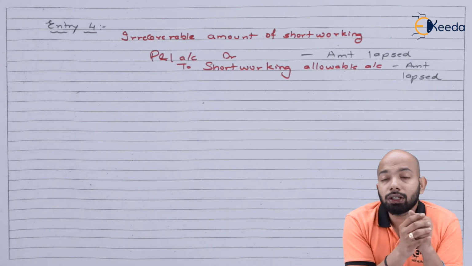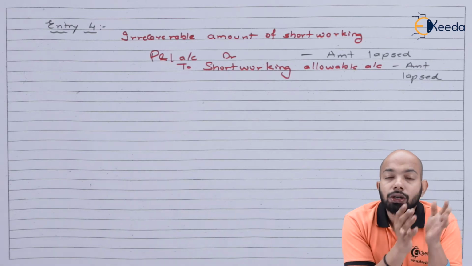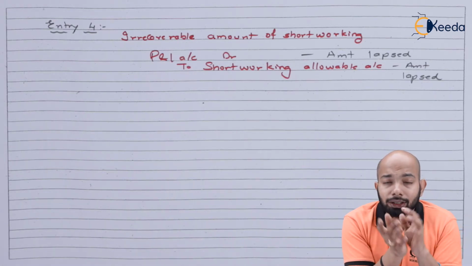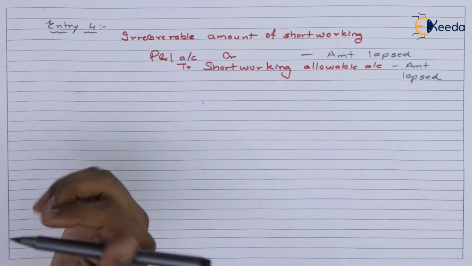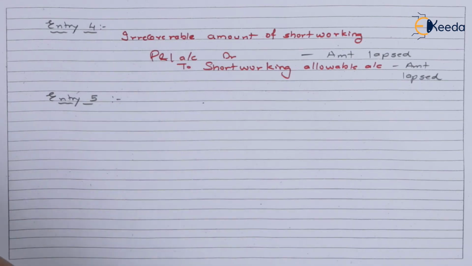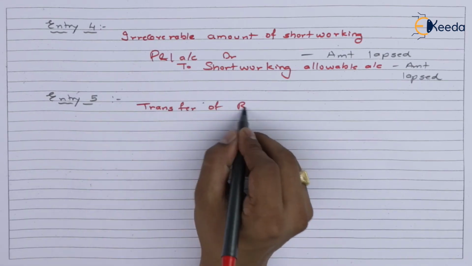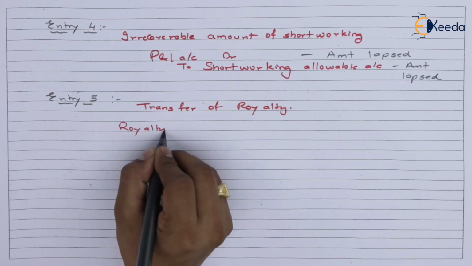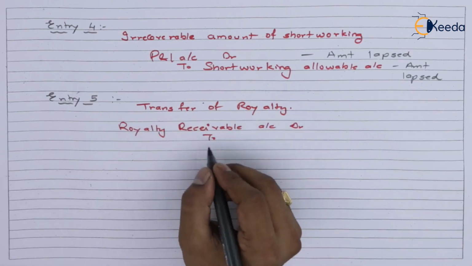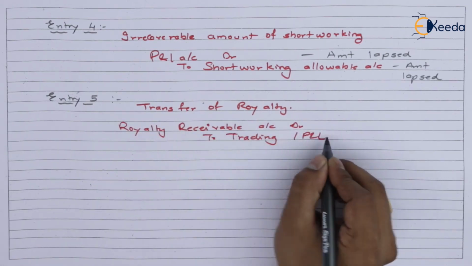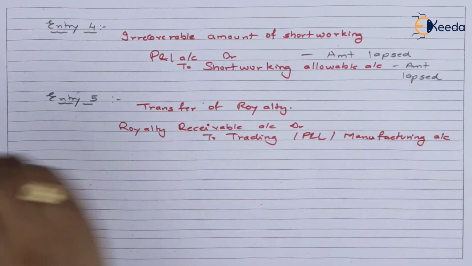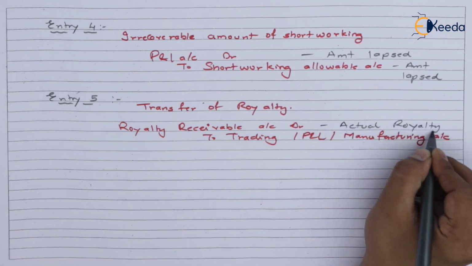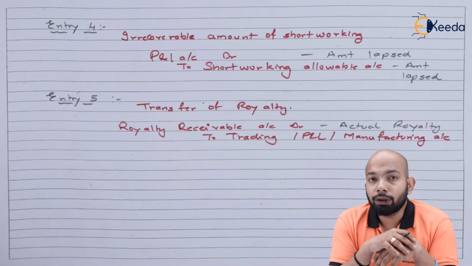Now let's go on to transferring the actual royalty to some other account. That will be the last entry here. The last entry refers to transfer of royalty.